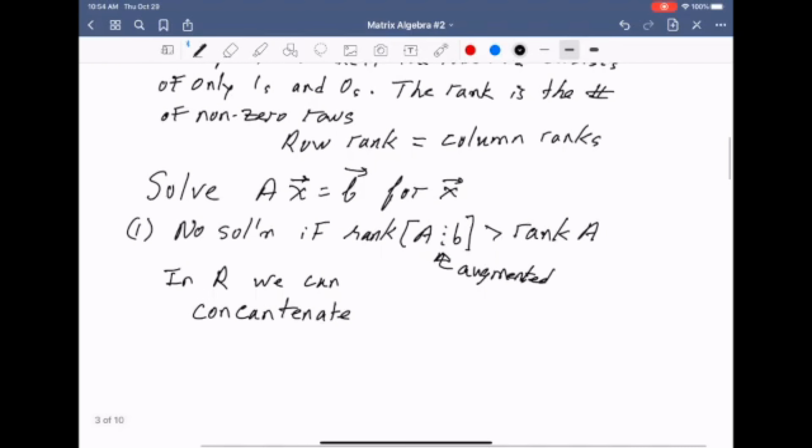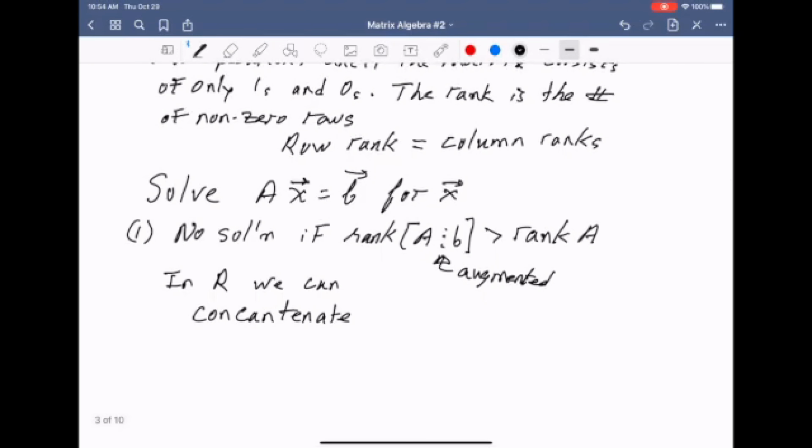In R, the concatenate command is rbind if you're binding rows or cbind for columns. So in other words, if you have a matrix A and you want to add a row to the bottom of it, you'll use the command rbind(A, B). What that does is take the vector B and put it underneath the matrix A. Will this work in this particular case?